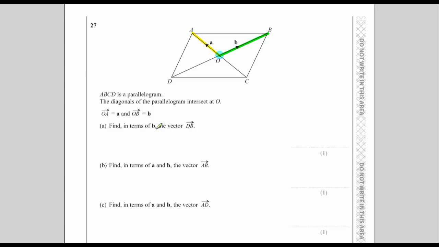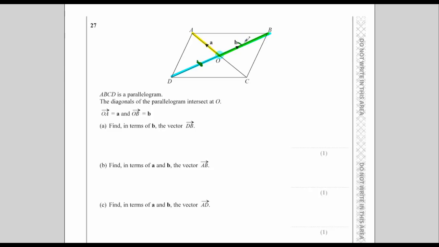Okay. Find in terms of b the vector DB. So we want D to B, all that way. Now, what we know is because this is a parallelogram, that actually these lengths are the same.